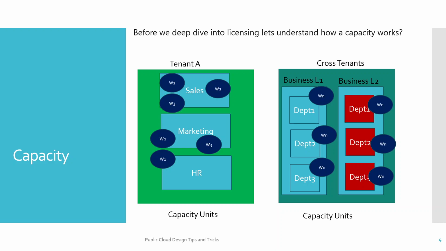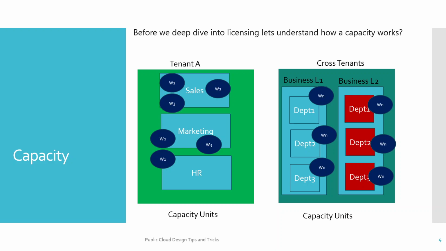In this example, in the first green organization, you have one tenant, and within the sales department you have three workspaces: one, two, and three. In marketing, two. HR has one workspace. On the right-hand side is the dark green organization.